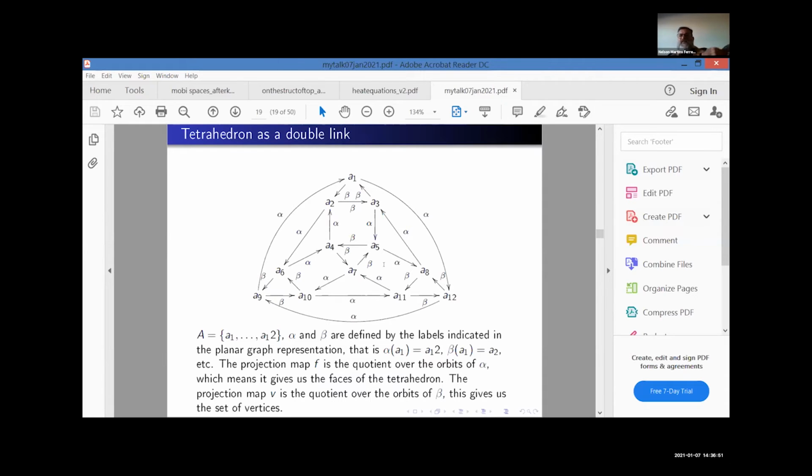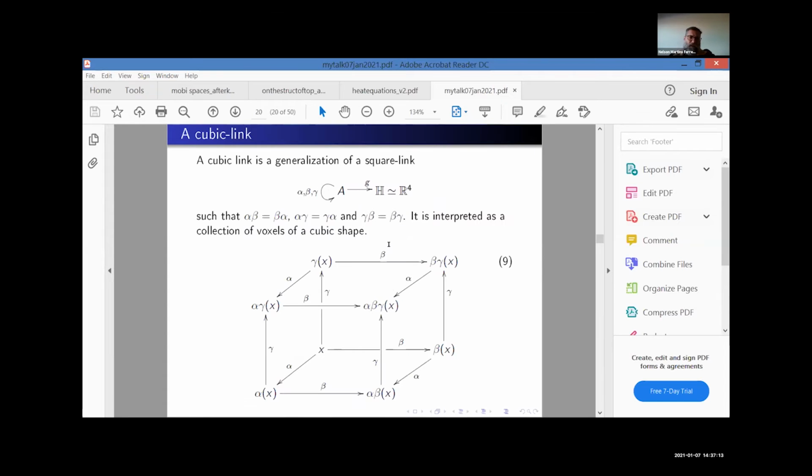It has some extra structure, and this extra structure in this case is this square, so that the cycle alpha beta is the edge in one direction, and alpha beta to the other side is the edge with the other direction. And this has some interesting consequences algorithmically, but I will not give too much detail here.